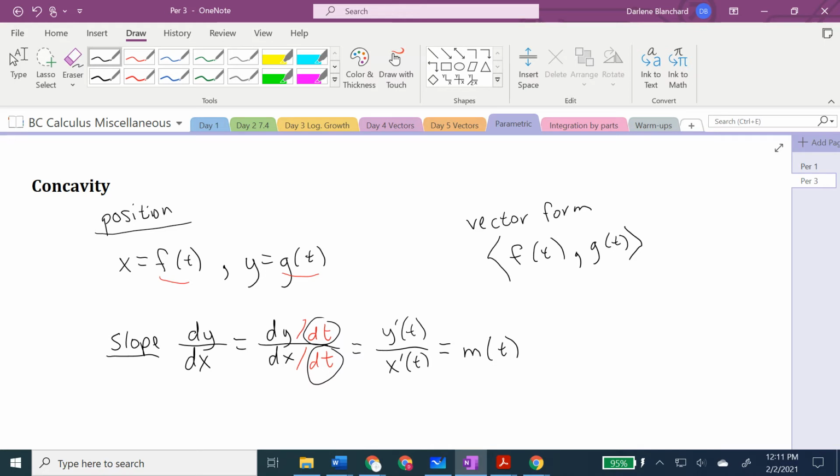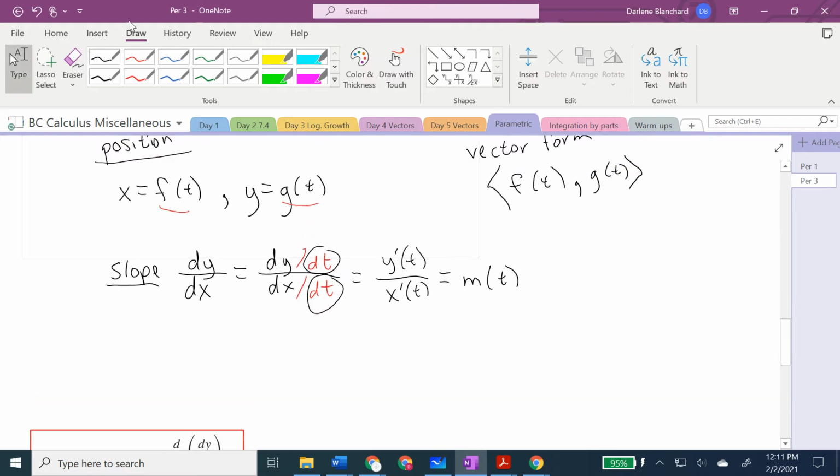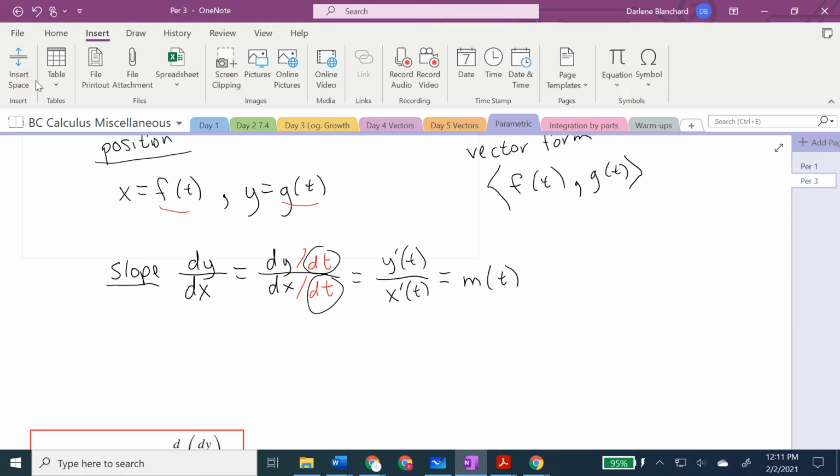With slope, I only have one function with respect to time, and that makes all the difference. So listen very, very carefully to what I'm going to talk you through so that you understand the formula that you must use for concavity. Whoop, don't want to show you the formula yet. I've got to add some space.